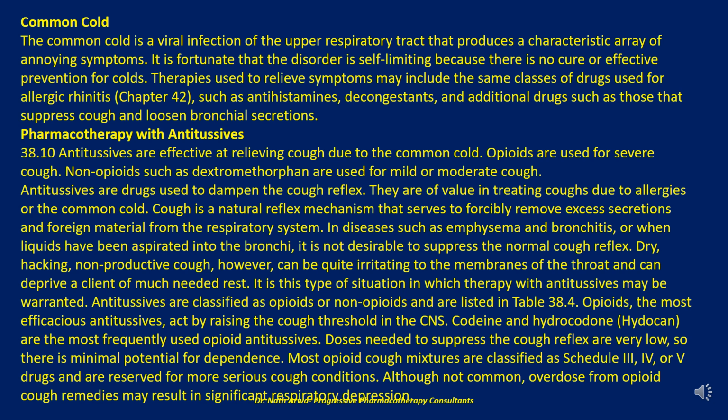Most opioid cough mixtures are classified as Schedule 3, 4 or 5 drugs and are reserved for more serious cough conditions. Although not common, overdose from opioid cough remedies may result in significant respiratory depression.